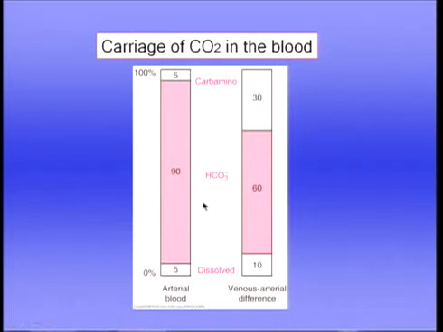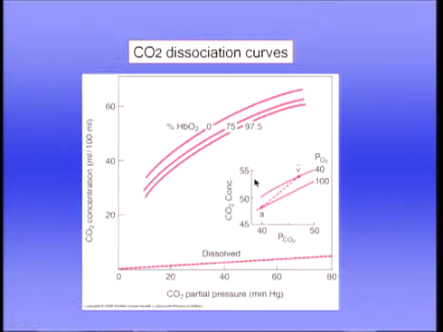By contrast, if you look at the exchange of carbon dioxide in the lung or in the tissues, a substantial amount is taken up by carbamino and also dissolved, although still the largest amount is in the bicarbonate. Now let's look at what we call the CO2 dissociation curve.